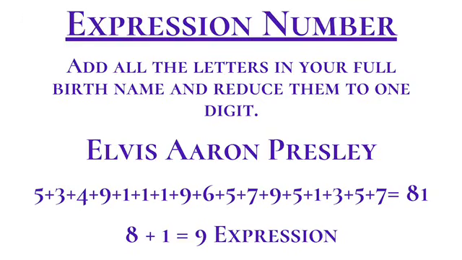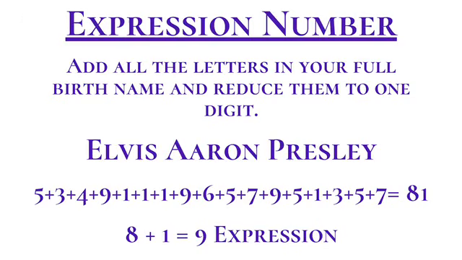So in this example, we have Elvis Presley. So what I did was I looked at that number chart and I found the corresponding number to each letter in Elvis's name. So E is a 5, L is a 3, V is a 4, I is a 9.